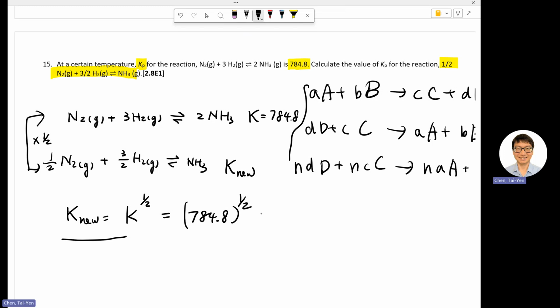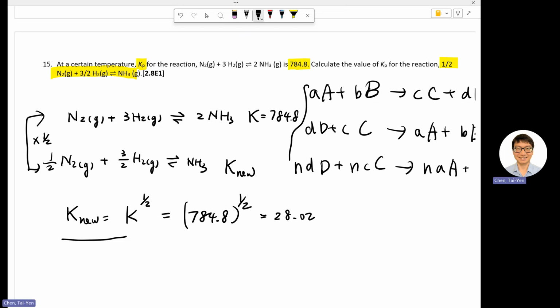This is going to give you a value of 28, I think. Yeah, 28.02. Okay, so this is how you solve this problem. It's actually very simple, right?